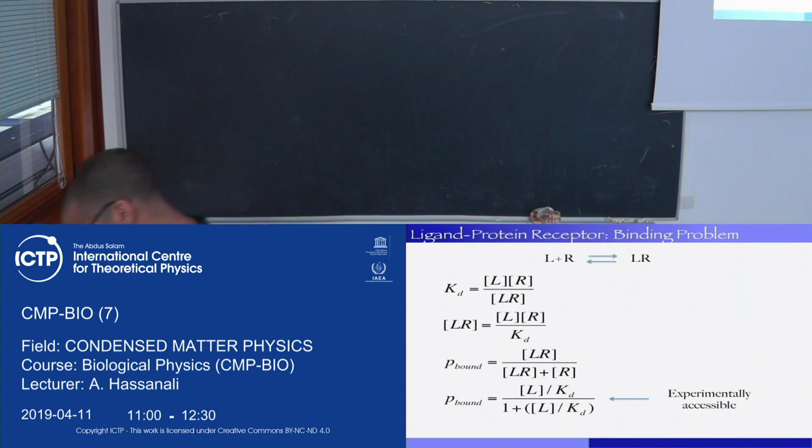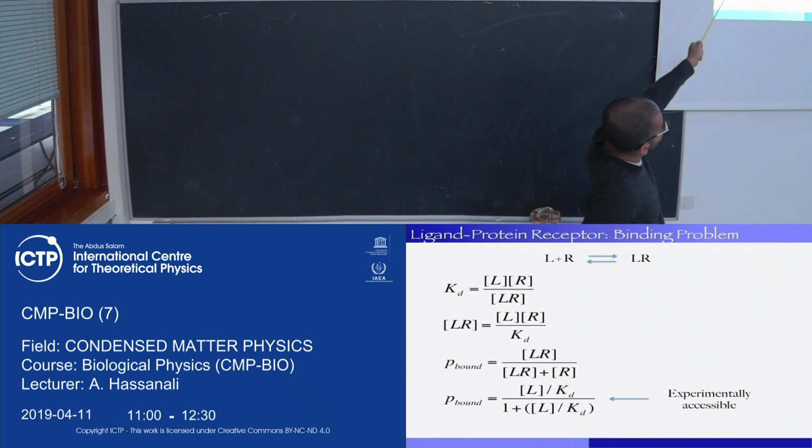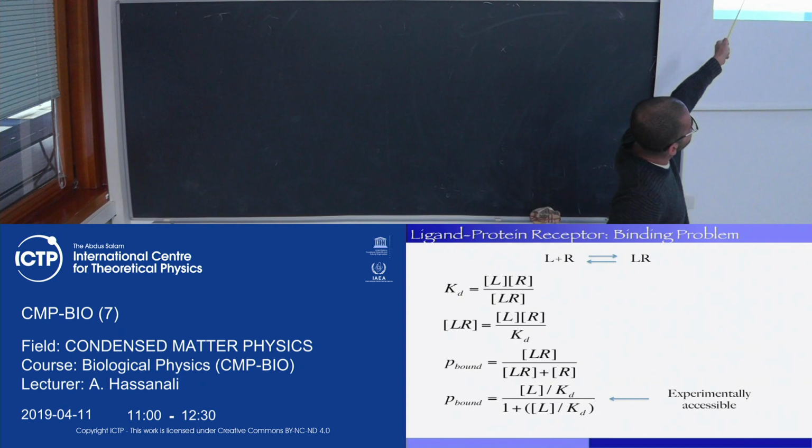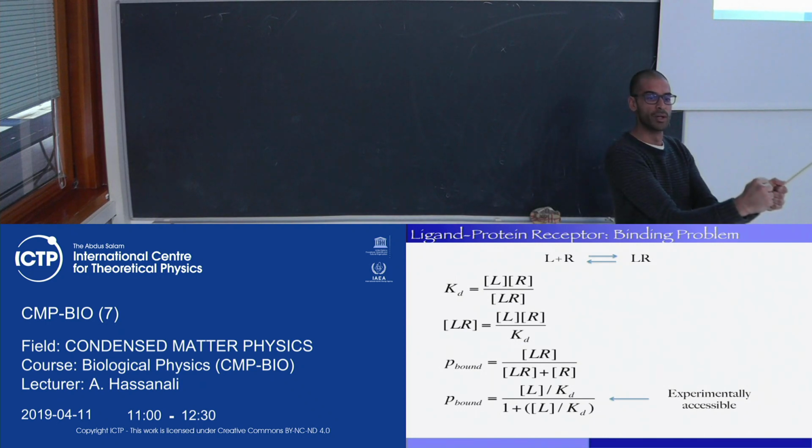We're now going to, in class, tackle this problem of not a single molecule, but a protein binding to a ligand, so another molecule. This is a very standard problem in biology. So I have a ligand and a receptor, and there's an equilibrium between the ligand and the receptor being far away from each other, and then they bind to form a complex.